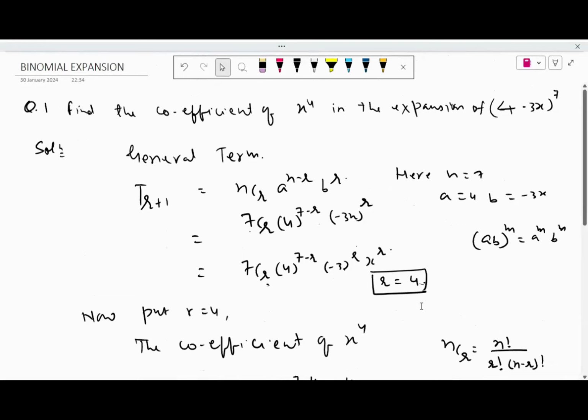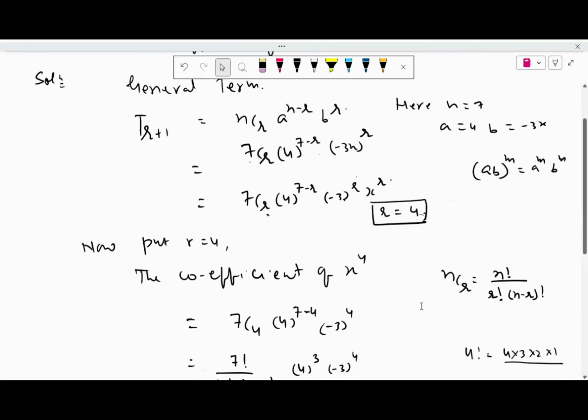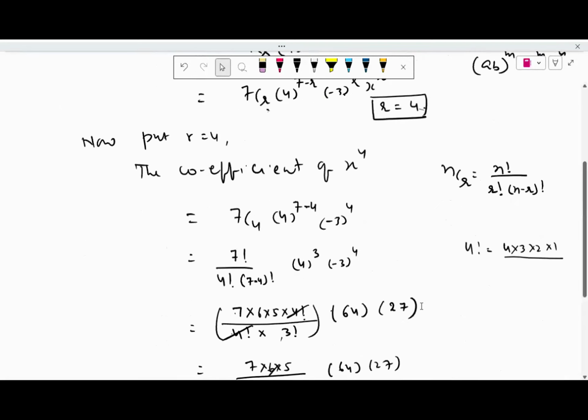You need to find the coefficient of x to the power 4, right? In the expansion of 4 minus 3x to the power 7. So it is 4 and 7 minus 4, 3, 64.